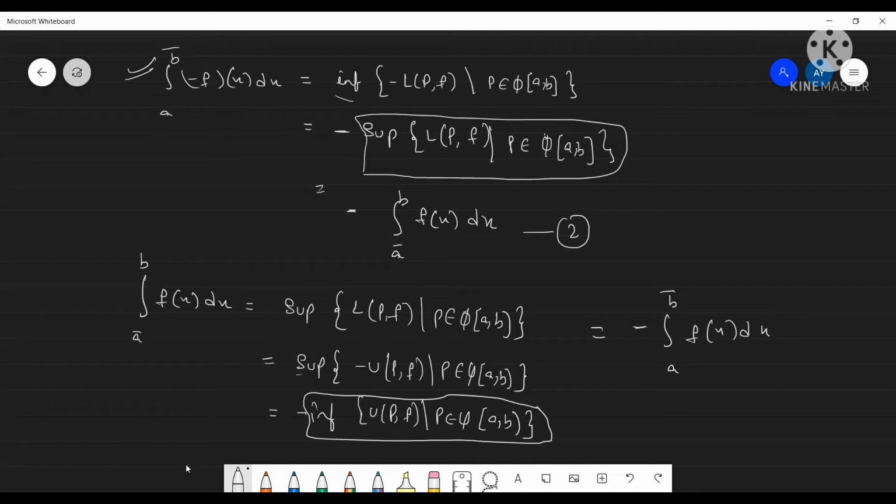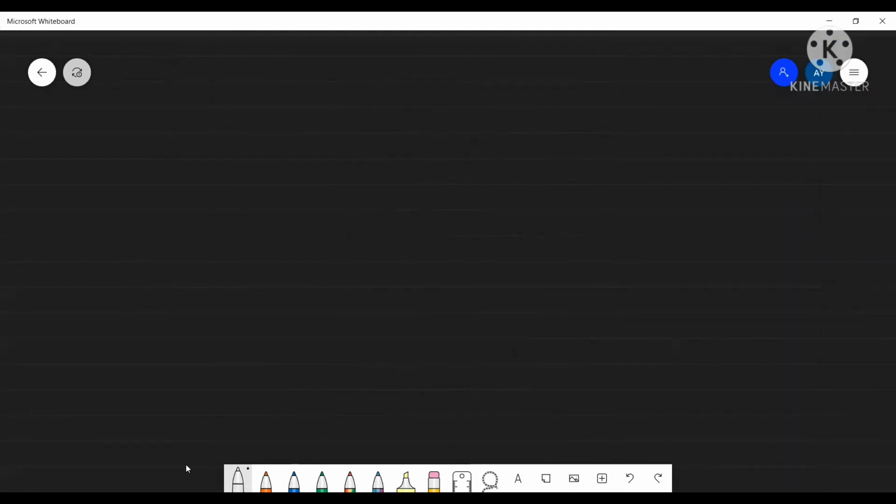Let this be 3. So from 1 and 3, what can we conclude? The upper integral a to b of minus f of x dx is equal to minus the lower integral a to b of f of x dx. We'll write all these clearly.